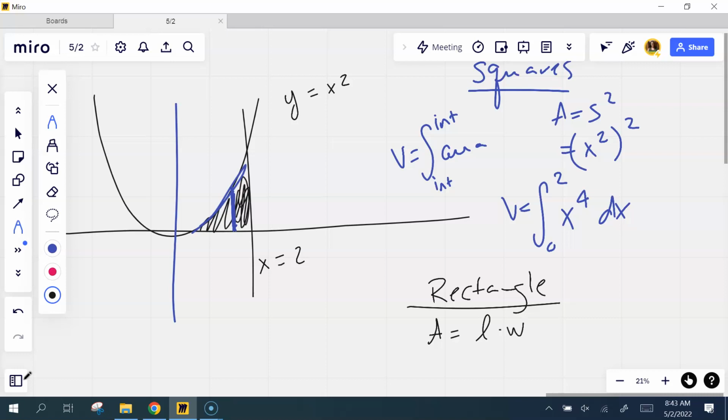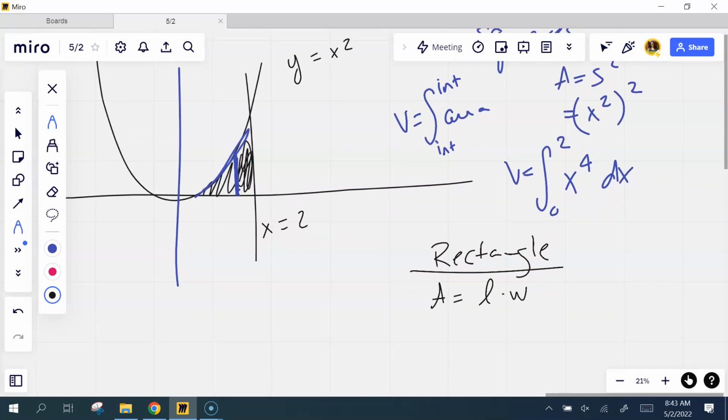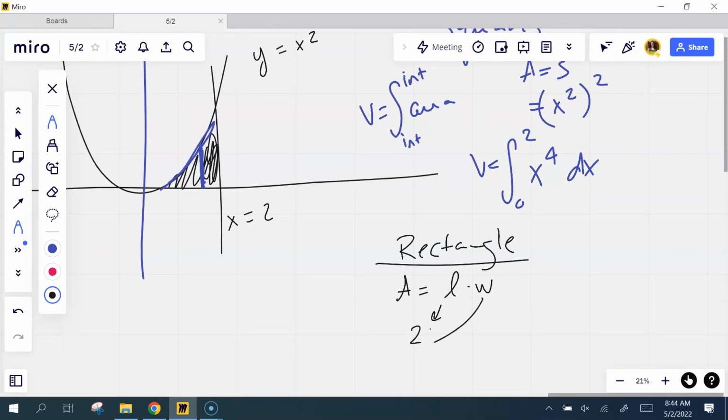You can use h; I'm using length and width.